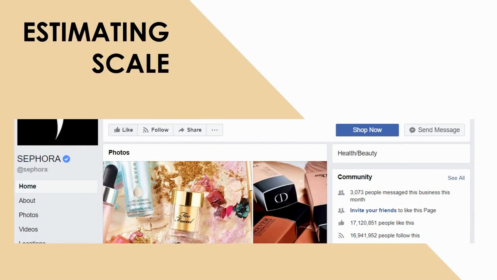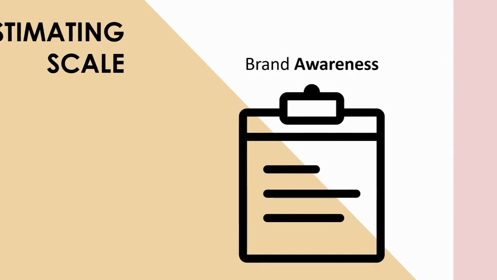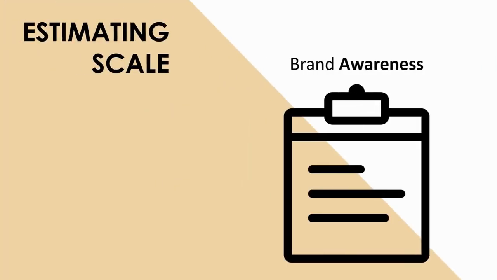Another approach is to use surveys to gauge brand awareness. Brand awareness can be measured in different ways. One approach would be to get a random sample of customers and ask them, what shoe companies can you name? If 50% of people name your competitor, then the brand awareness is 50%.